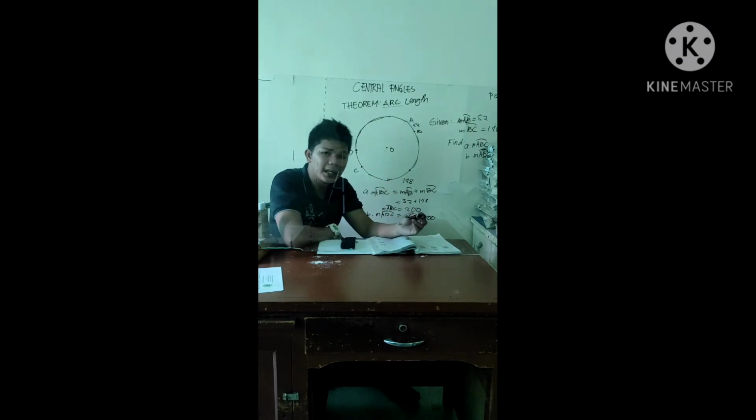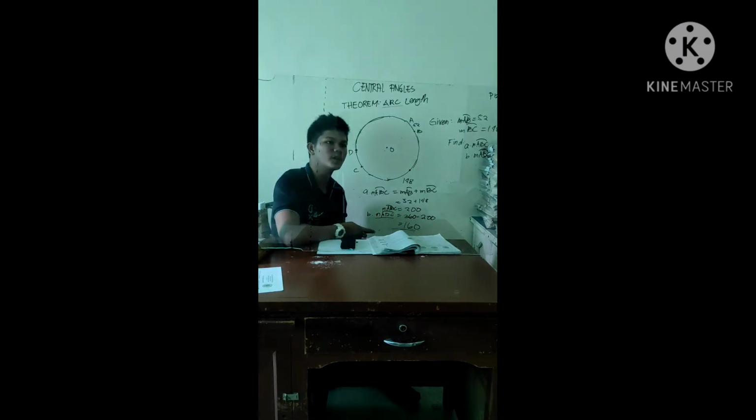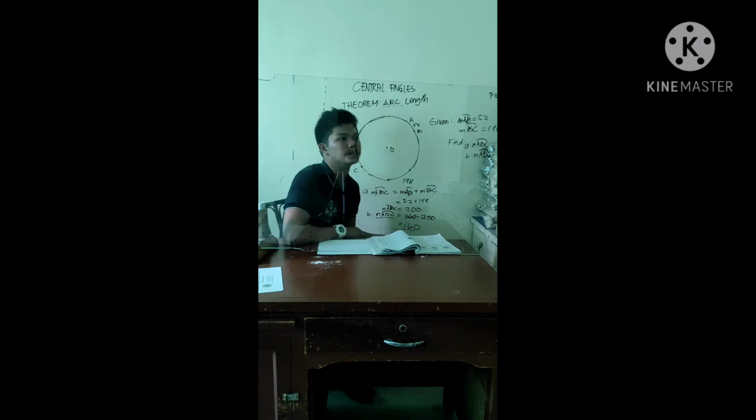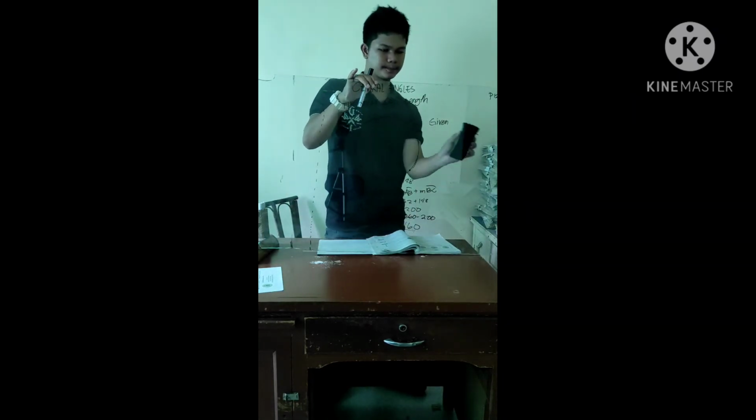So, 360 minus 200, that is equal to 160. So, meaning yung measurement ni arc ADC is equal to 160. Okay. Next.